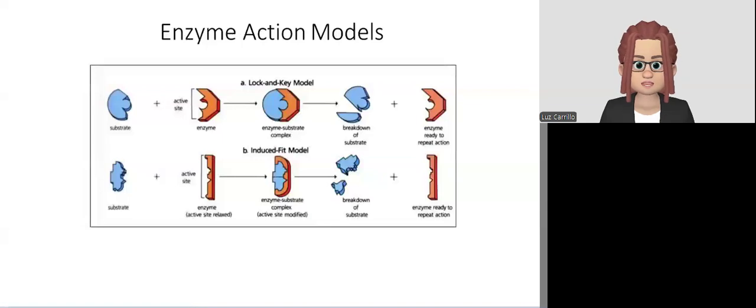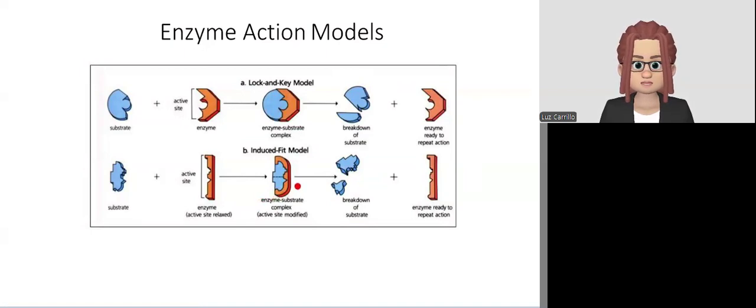Other enzymes use an induced fit model, in which instead of just being set like a lock, they do have an active site that can hold the shape of the substrate. But in turn, when the substrate and the enzyme meet each other, they make an enzyme substrate complex that is more flexible.